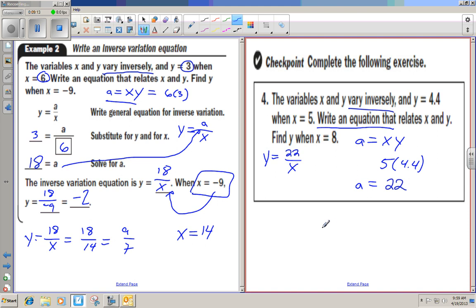If x is 8, we put that 8 in for x. 22 over 8 reduces to 11/4, and you can leave it like that. This is how you set up inverse variations.